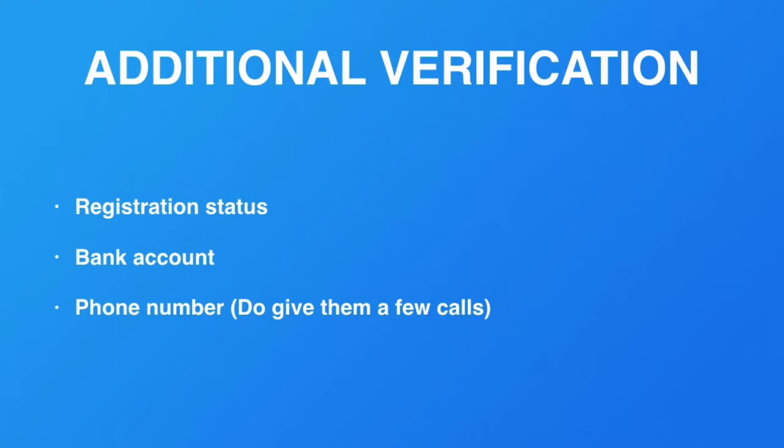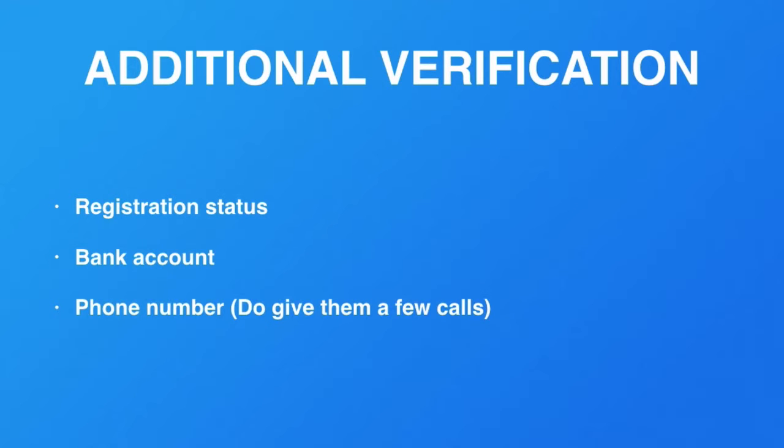You also want to get their phone number. Do give them a few calls. Don't try to save a couple of bucks by just communicating on Skype or something like that. You want to make sure the phone number that they gave you is not bogus.